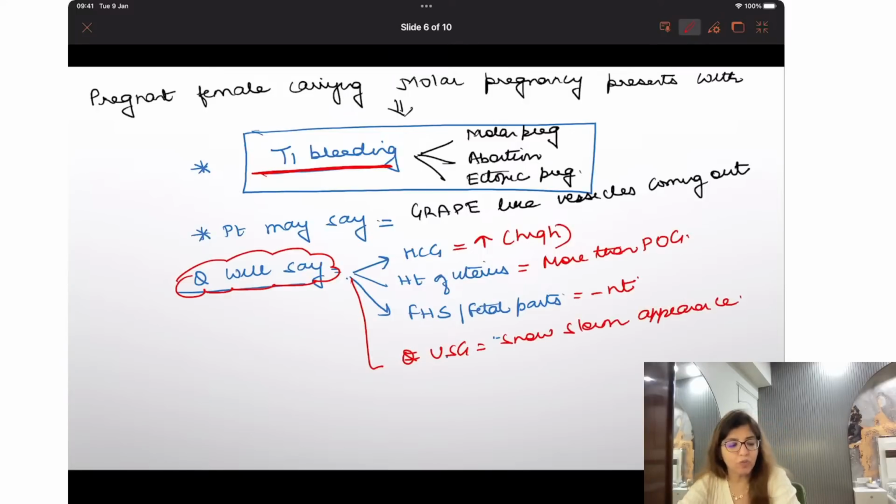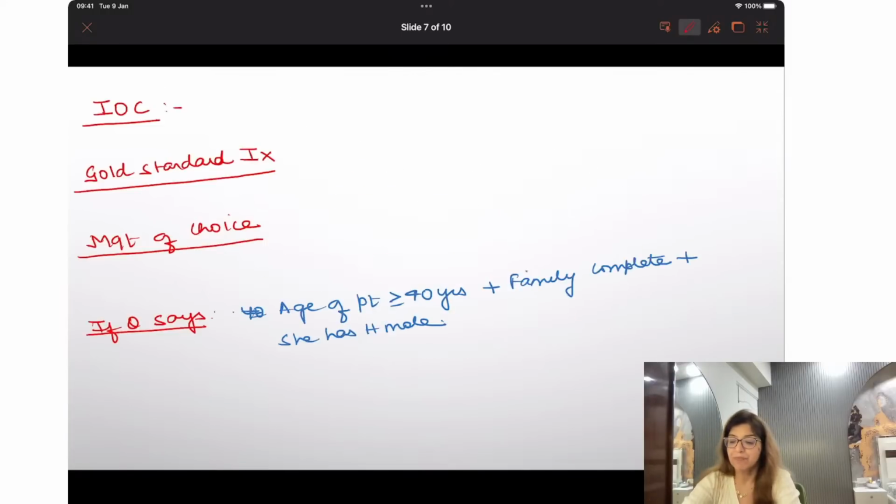So whenever your question says that there is first trimester bleeding and along with that HCG levels are high, या height of the uterus is more than period of gestation, या snowstorm appearance मिल रहा है on ultrasound, या fetal parts या fetal heart sounds palpable नहीं है, then that means they are talking about molar pregnancy.